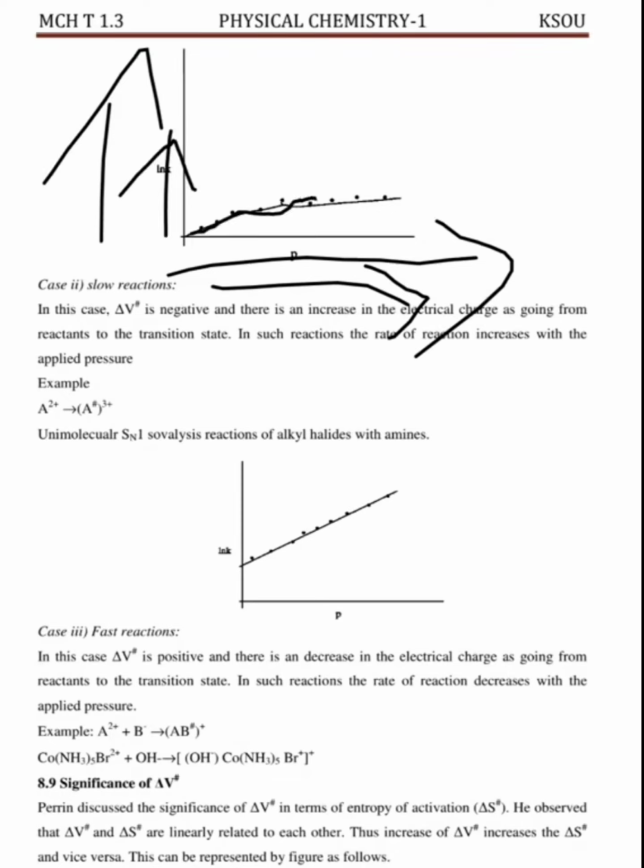As the pressure is increased slightly, the rate of reaction also increases. You can see that from the plot we have got. That is delta V double dagger, the volume of activation.